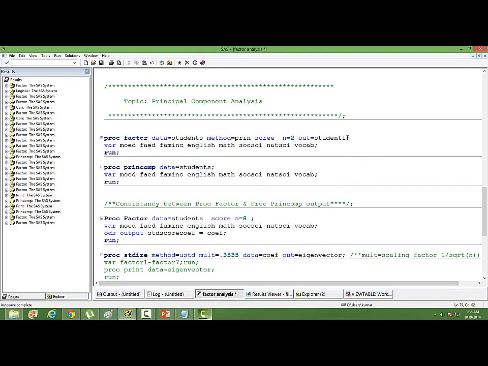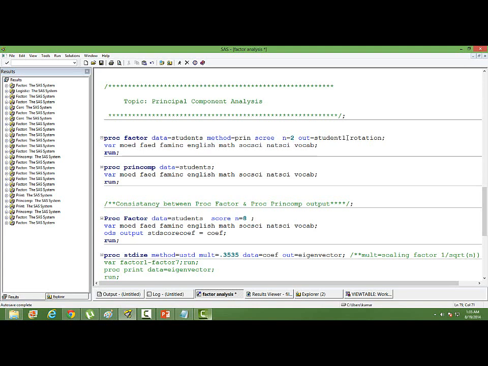What about the rotation? We use rotation in factor analysis, right? So what is a rotation? Rotation is some kind of orthogonalization of the data wherein there is a clear distinction between the loadings, right? So you can clearly distinguish which particular loading belongs to which principal component. There are 2 types of rotation available, the orthogonal and oblique.